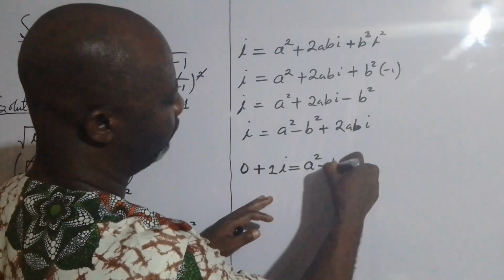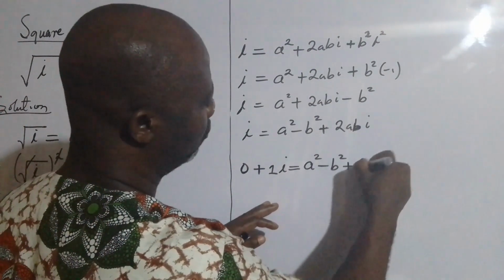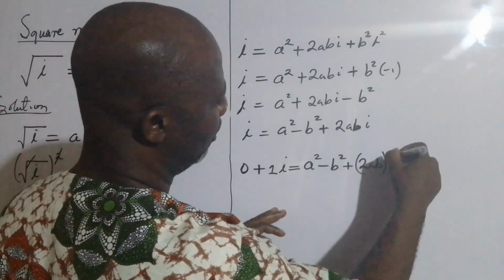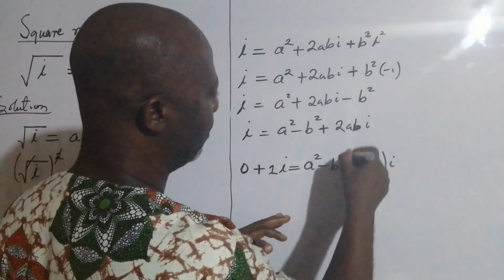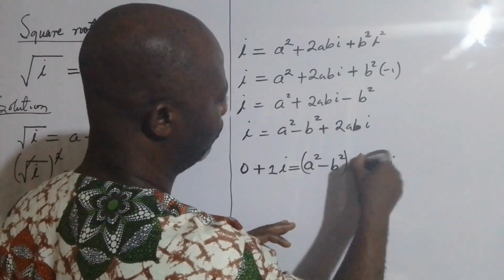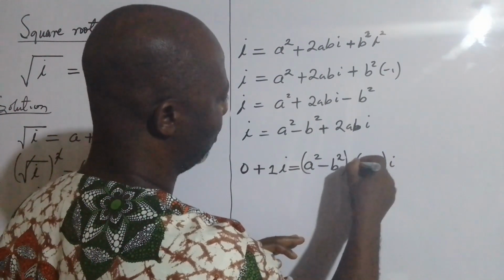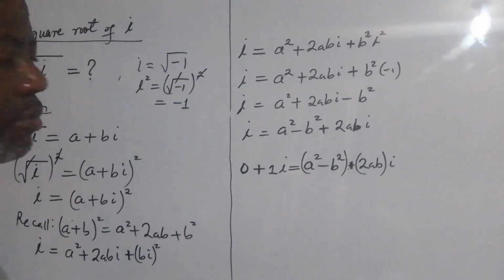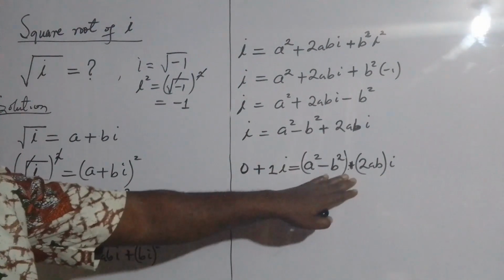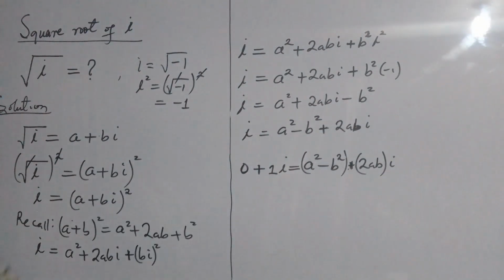On the right now we have a squared minus b squared + 2abi. I can also put a bracket around it, and then I introduce the plus.